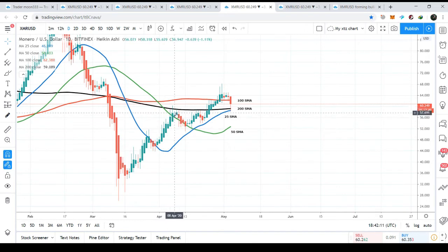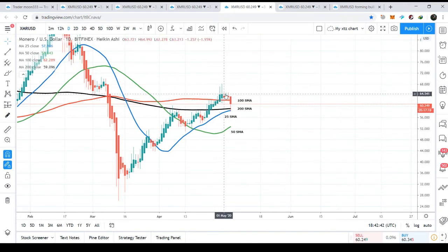Then it has broken out the 50 simple moving average, and after breaking out this resistance level of 50 simple moving average, the price line retested this previous resistance as a support and moved up and faced some difficulty to break out this 200 simple moving average. After first attempt, it was dropped down, and after second attempt, it has broken out the 200 and the 100 simple moving averages in one go.